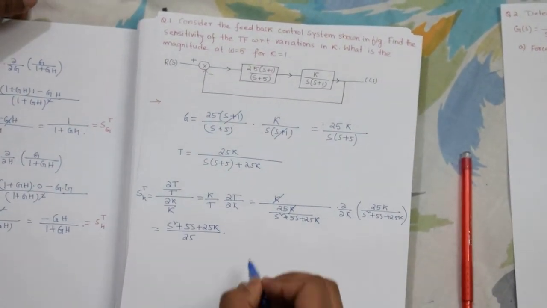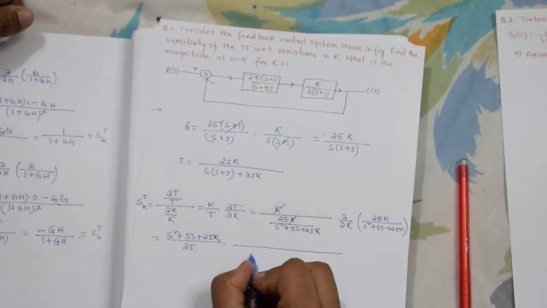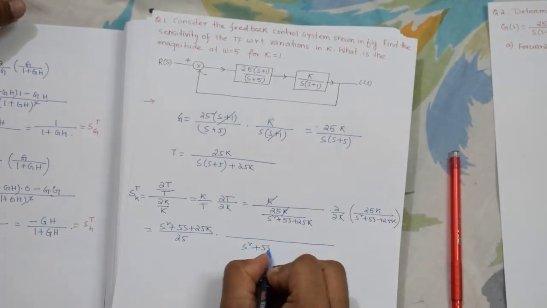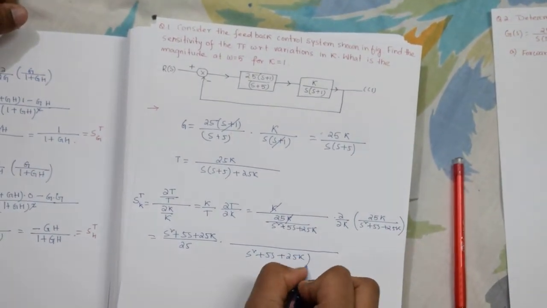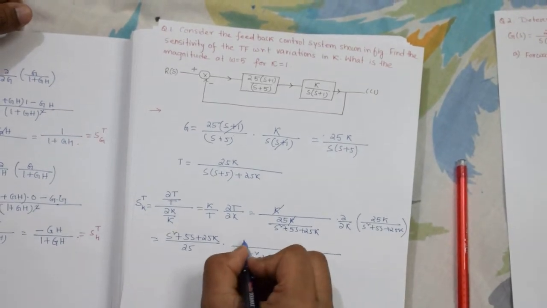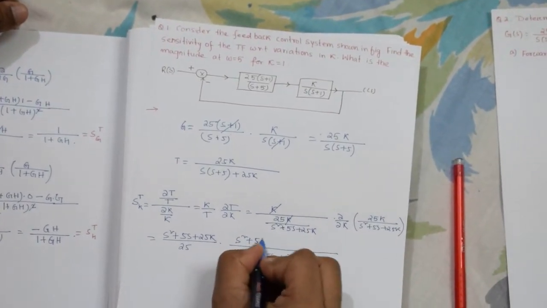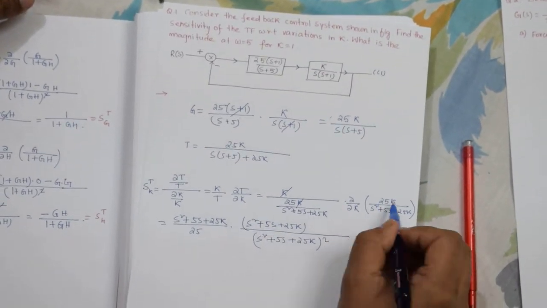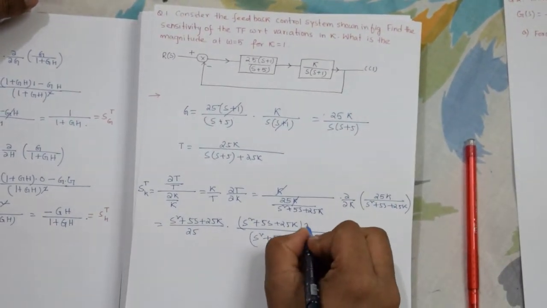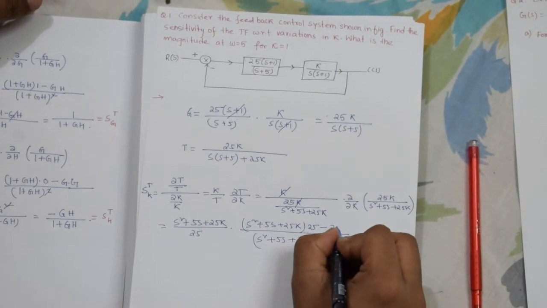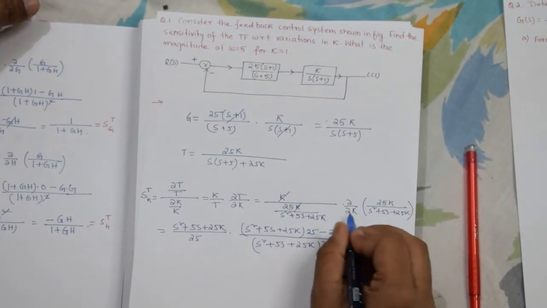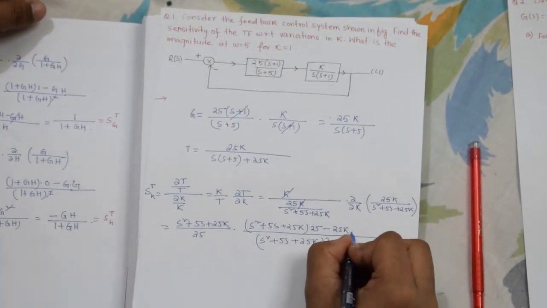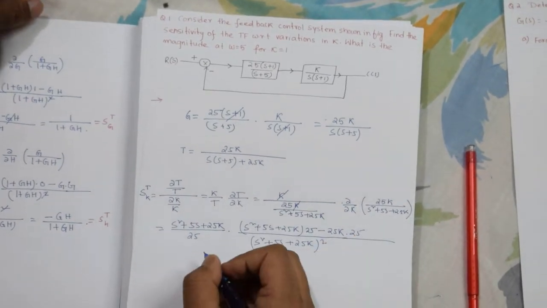Cancel this k, then we will get s square plus 5s plus 25k by 25. Now the differentiation of this one, it is v square into v d/dk of u, which is 25, minus u d/dk of v, which is 25.